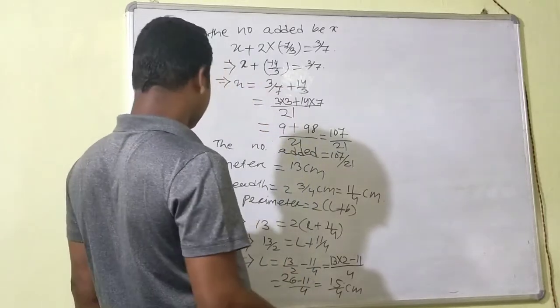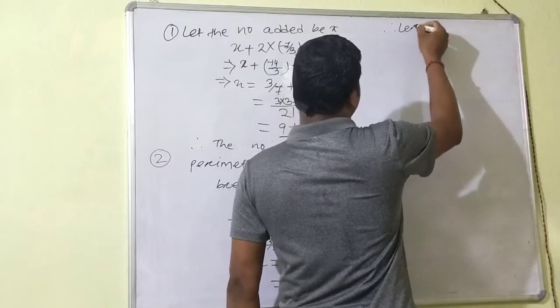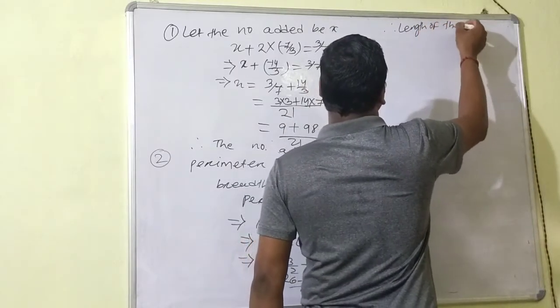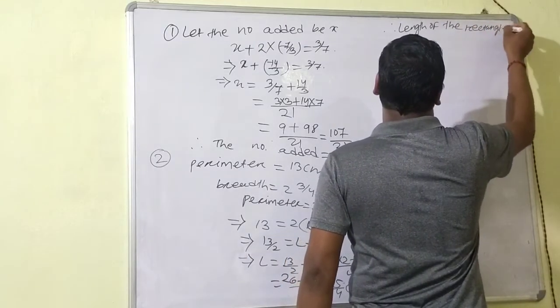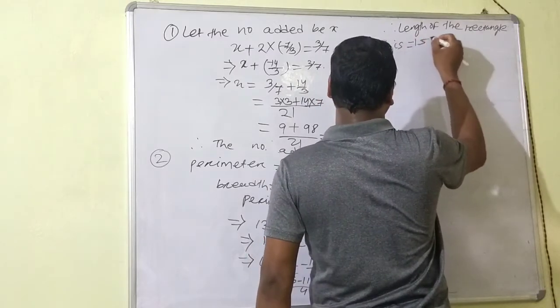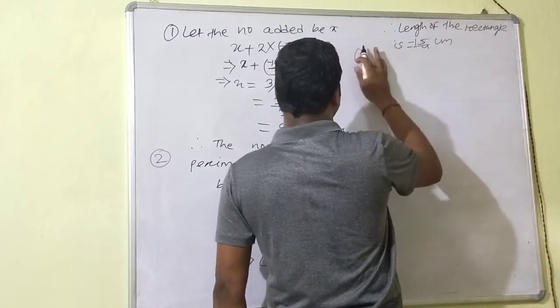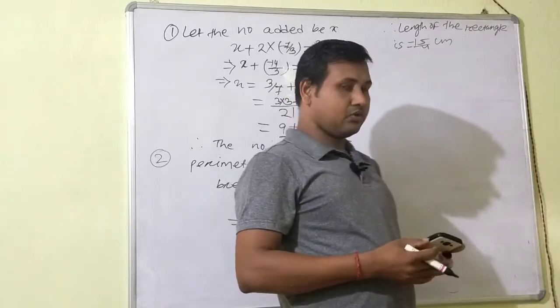We will write down the conclusion. Therefore, the length of the rectangle is 15 by 4 centimeter.